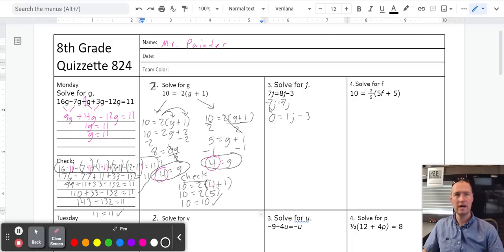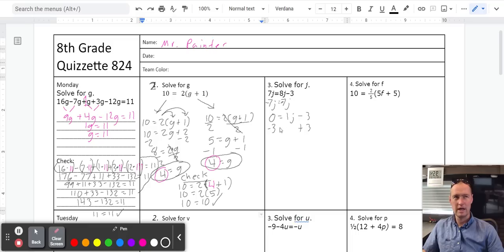So once again, when you have a variable on both sides, the goal is to subtract it or add it, do the opposite, whatever you have to do, to get J only on one side. And this way, J is only on the right side. All right, now we got a two-step equation. So what we need to do is just get J by itself. So I'm going to go ahead and subtract 3 on both sides. But wait a minute, subtraction and subtraction doesn't work. We need to do the opposite.